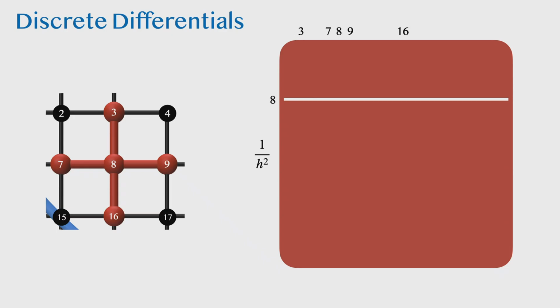And then the one for the center of the stencil, grid point 8. So grid point 8, column 8 is going to be -4. And then all the other ones are +1. And so you do this for all the rows for each grid point in the matrix, and you can build the full Laplacian matrix.